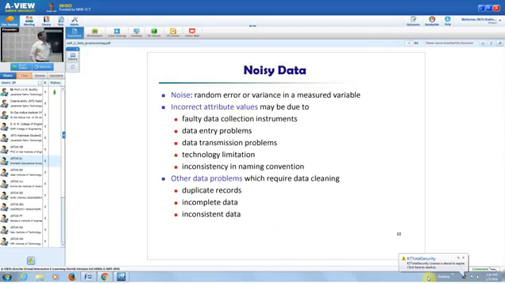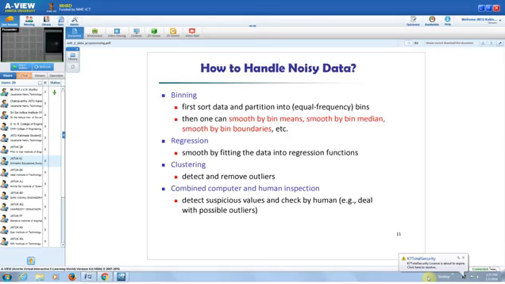Next thing is incorrect data. This is a very common thing. Duplicate records, incomplete data. Yes, next. Now, again for noise also the same reasons apply.